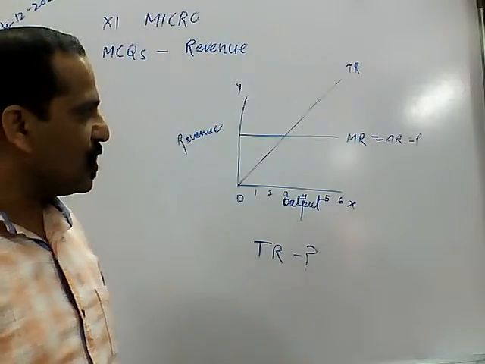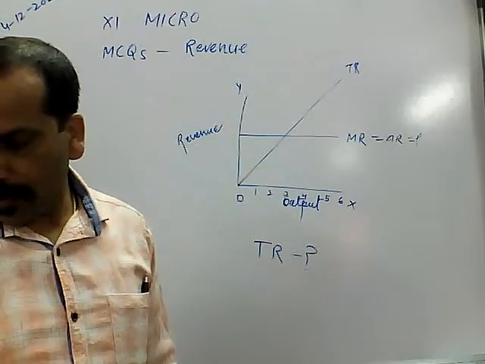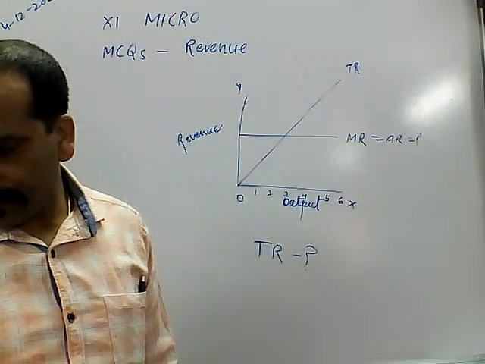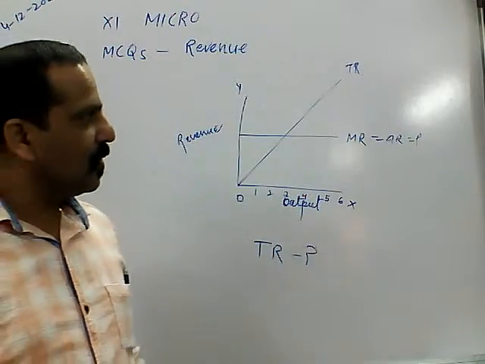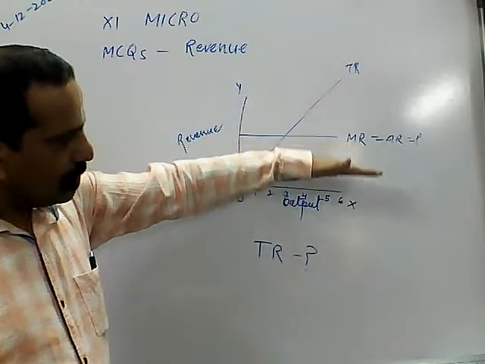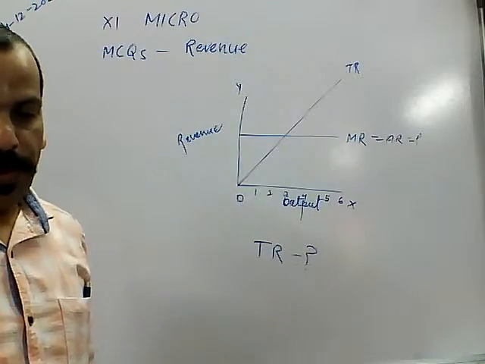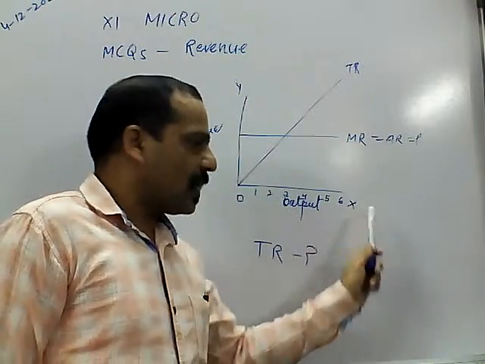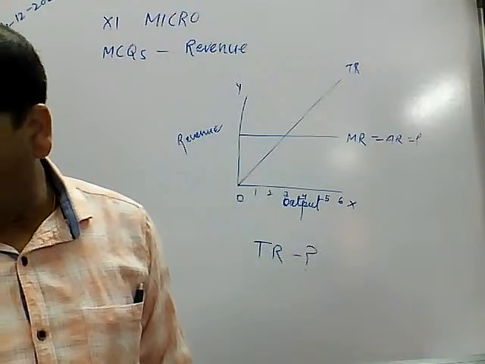B, horizontal straight line. Okay, good. Horizontal straight line parallel to the OX axis.